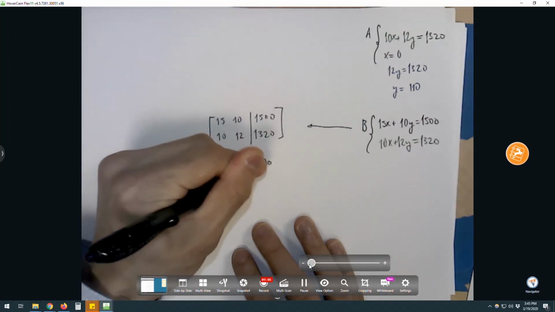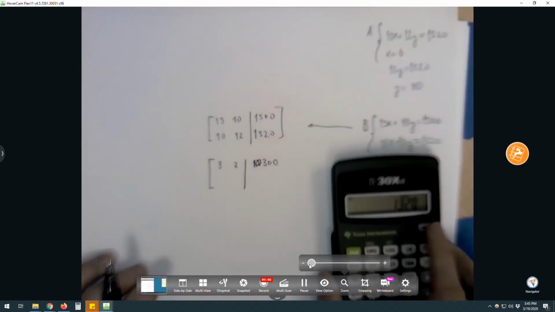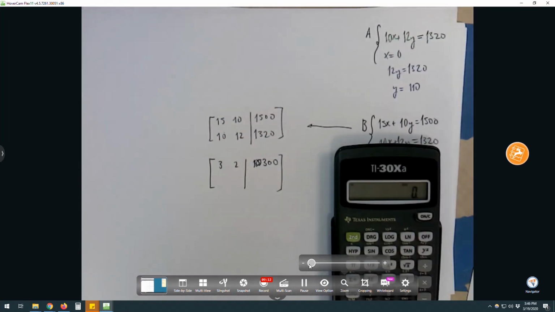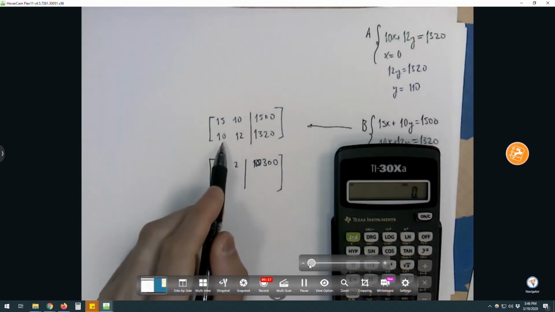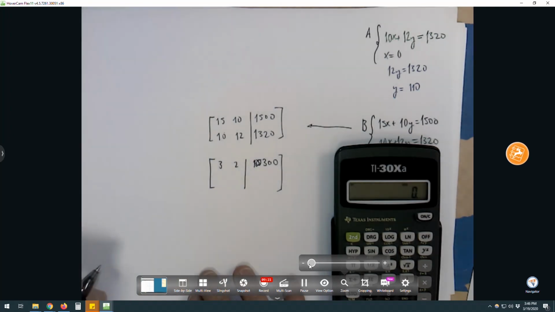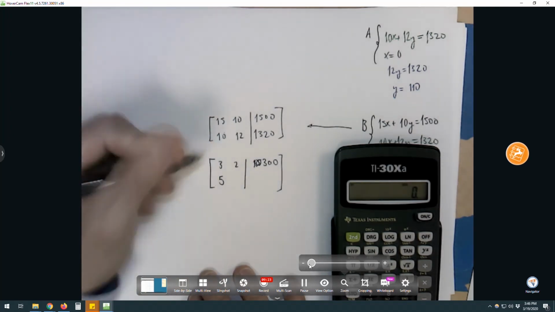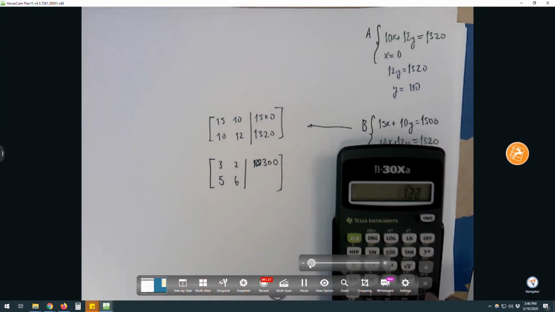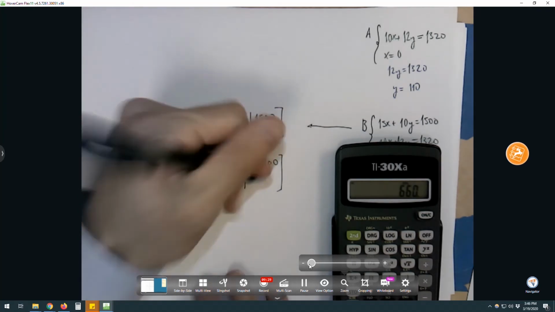And this is a good time to have a calculator on hand to do some of these computations, if you need one. Okay, and then this one we can divide by 2. So divide by 2, this will be 5, 6, and then 1320 divided by 2 should be 660.